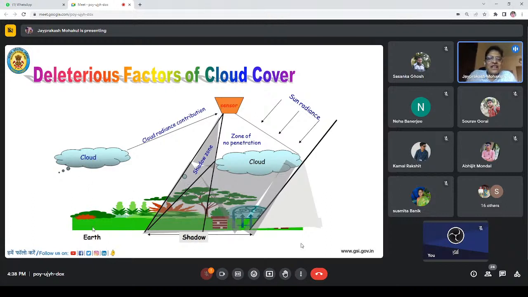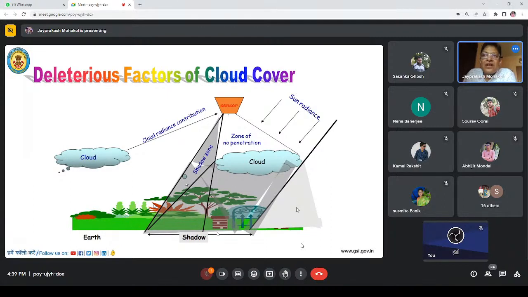And if you get some information about the object here, in addition you also receive some information from here, right? And this energy, the visible range sun energy and the near infrared range, is not able to penetrate here. So you have a complete shadow zone.